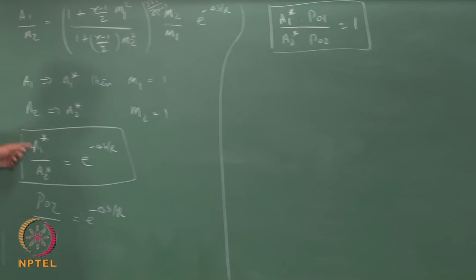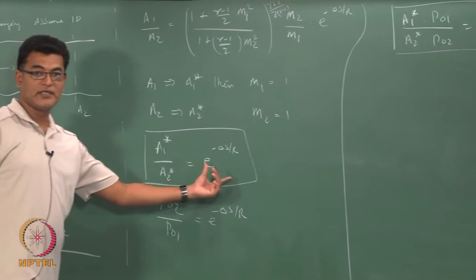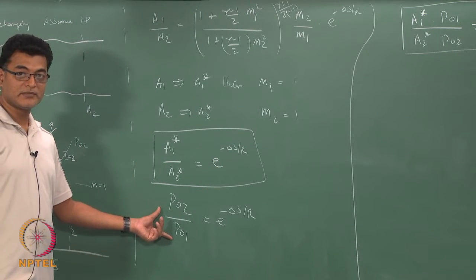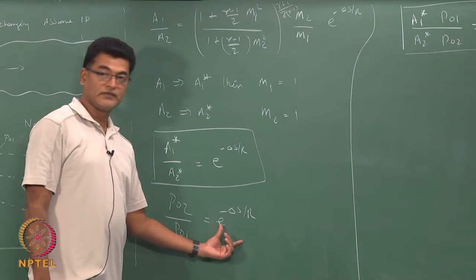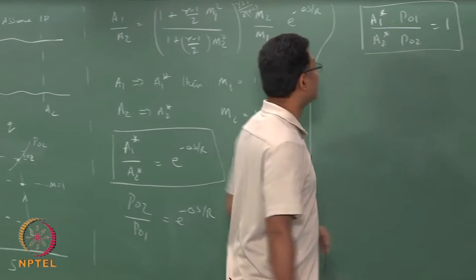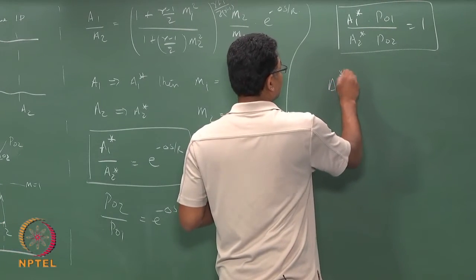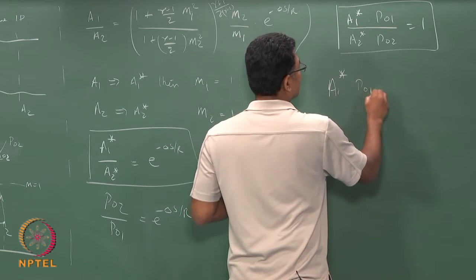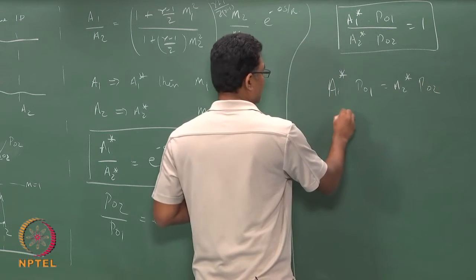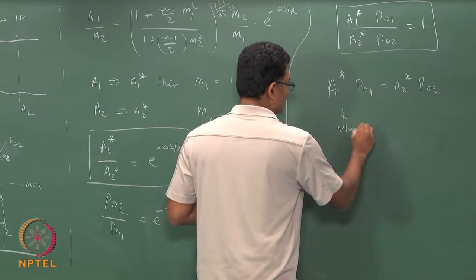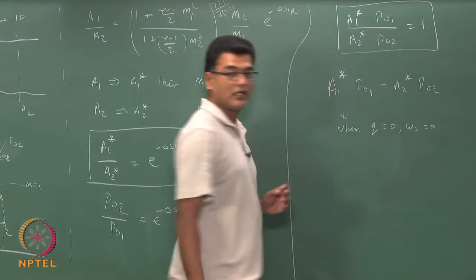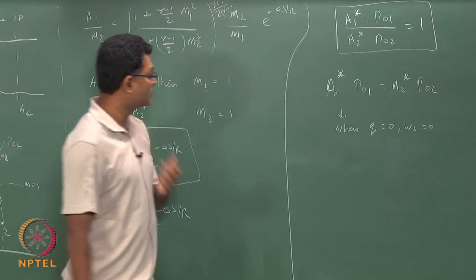So, my change in A star is essentially due to irreversibility, and change in stagnation pressure is also due to irreversibility. So, this is the relation between these two reference points, where I can write this when there is no heat transfer, there is no shaft work, and there is no potential also.